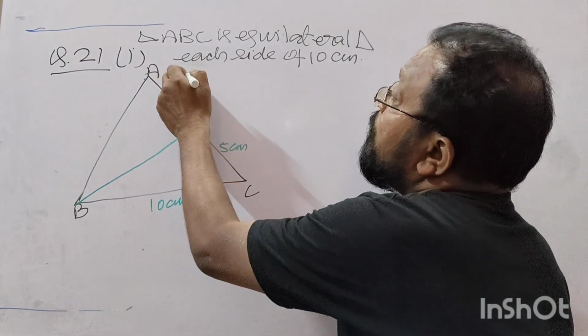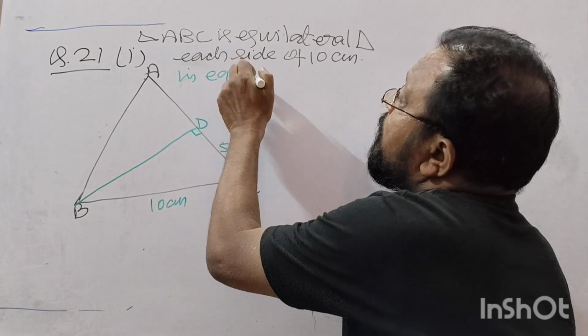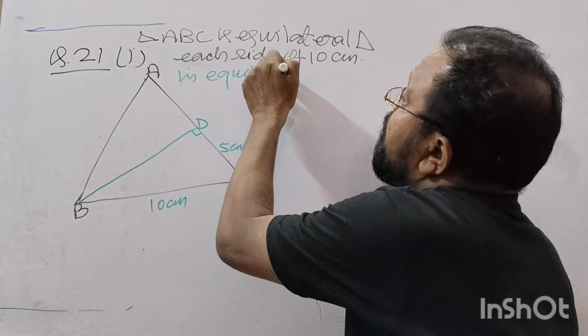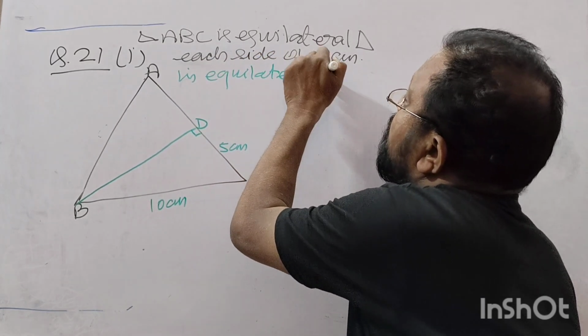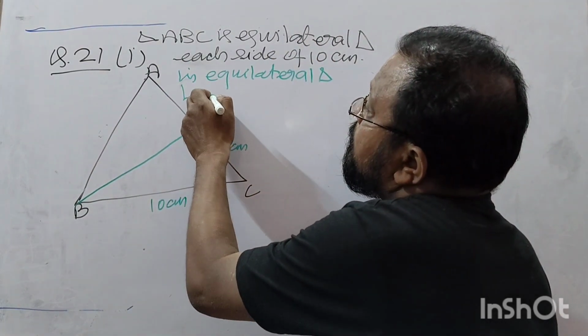Then in equilateral triangle, line from vertex, median.